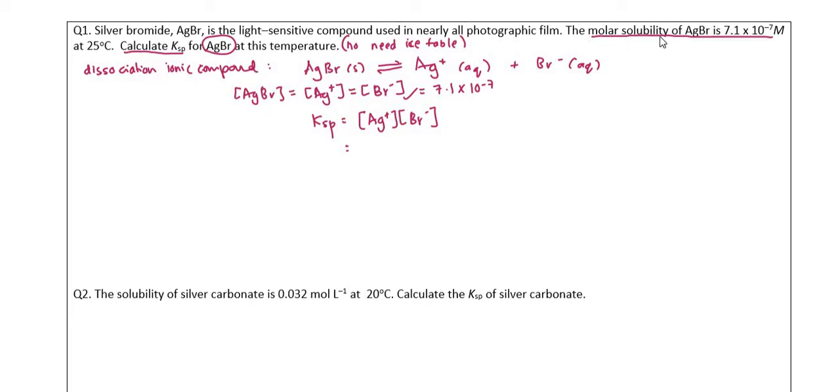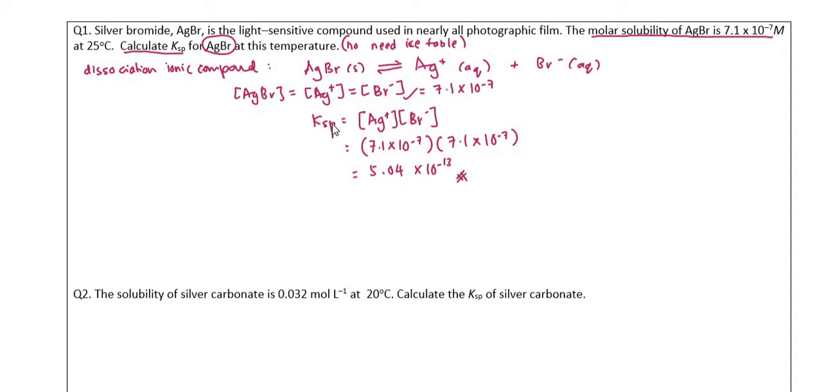Then you just include the molarity of Ag+. It says molar solubility, but at the same time this is your concentration. So molar solubility is the same as concentration. But in this case we don't say concentration because we are dealing with an ionic compound that is slightly soluble. You insert the value of the concentration of Ag+ and Br-, and you get the answer here, 5.04 × 10^-13.